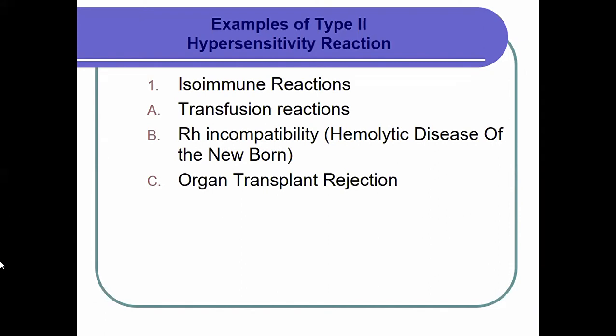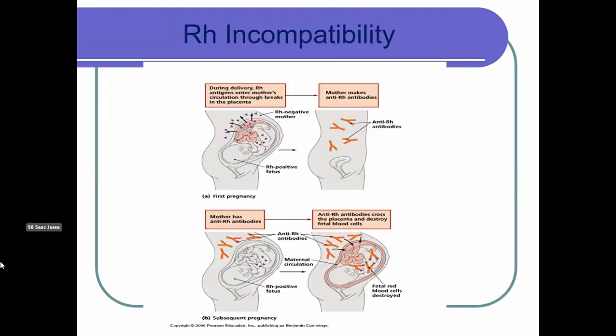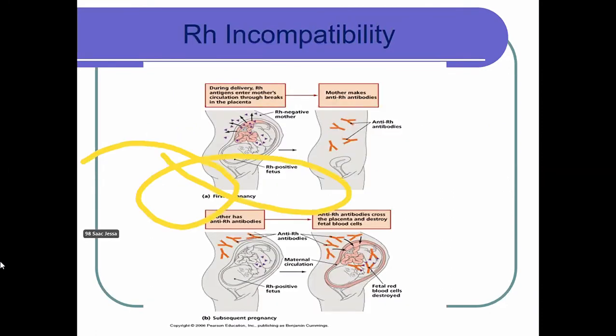So most of you here are aware of this, especially the nurses, and then organ transplant rejection. So here, this is an example of an Rh incompatibility.